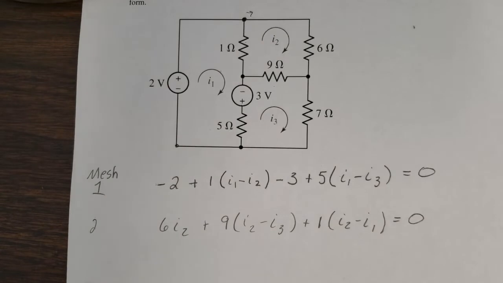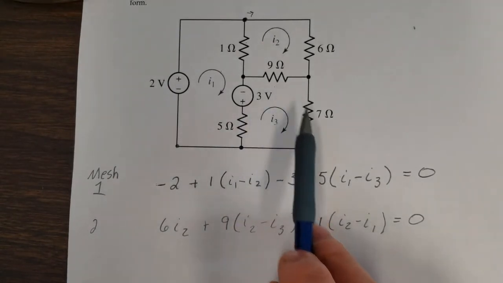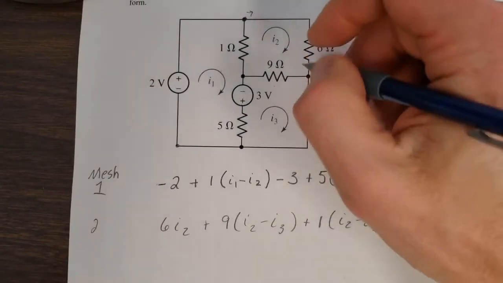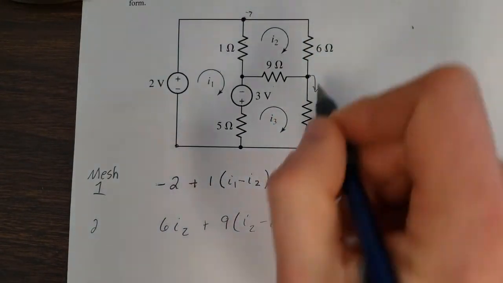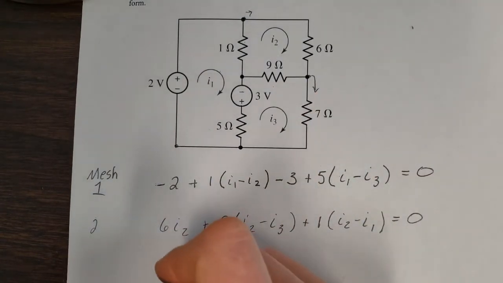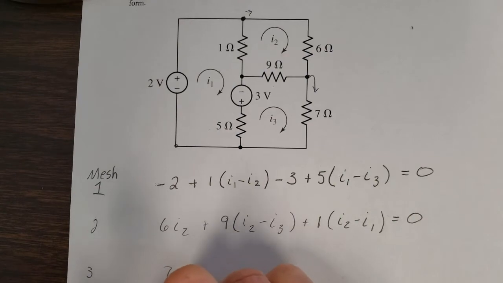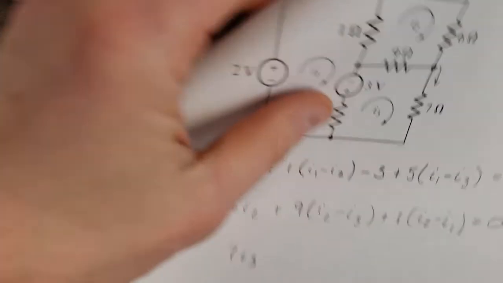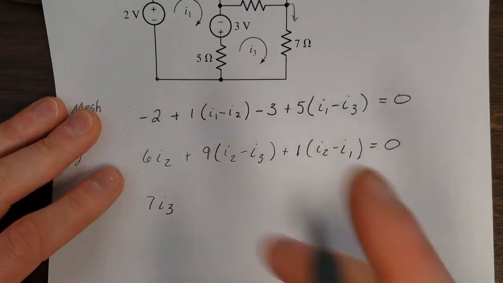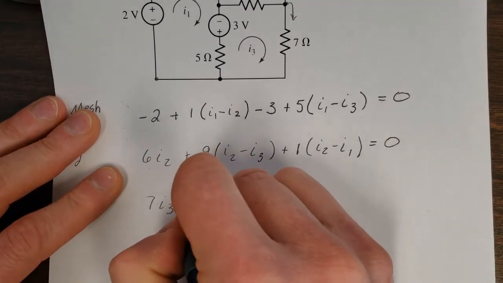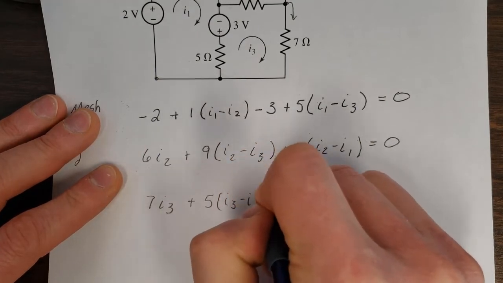equals 0. Okay. And then finally, for I3, we're going to have 4 terms in that. Let's start I3 going this way. That's our starting point. So we're going to get 7 times I3. And then we're going to get plus 5 times I3 minus I1.